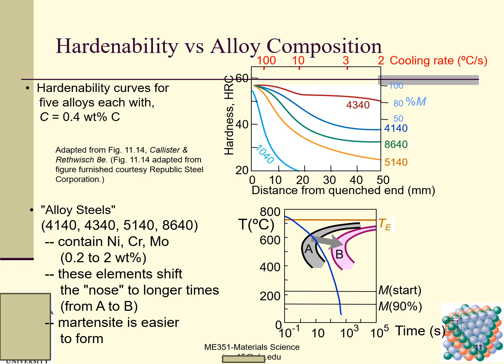These elements shift the nodes to longer time, from A to B. That means for curve B, even a lower, slow cooling rate can still avoid the nodes of this new transformation curve. As a result, I can still get martensite. So these elements shift the nodes to longer time, which means martensite is easier to form.